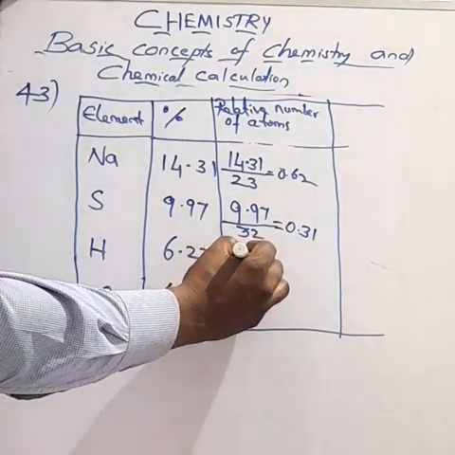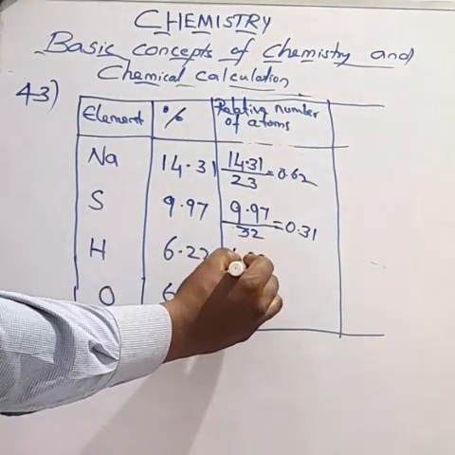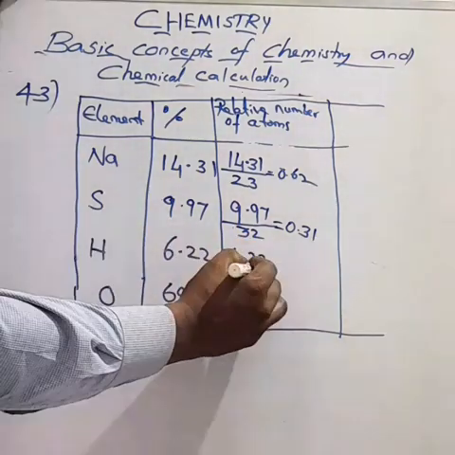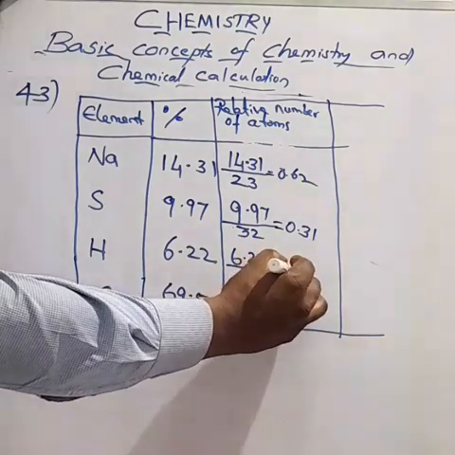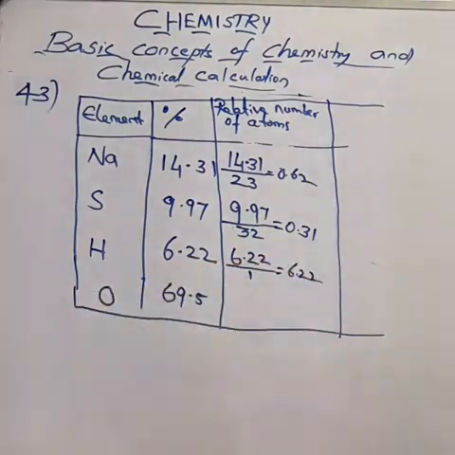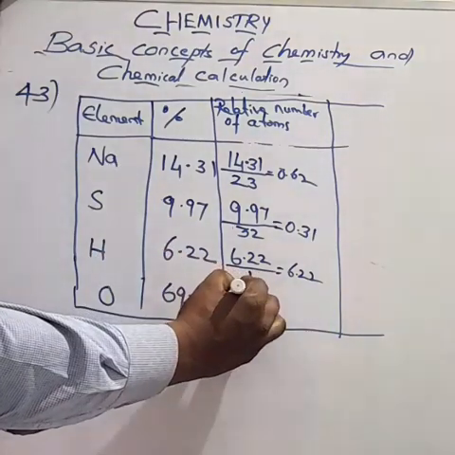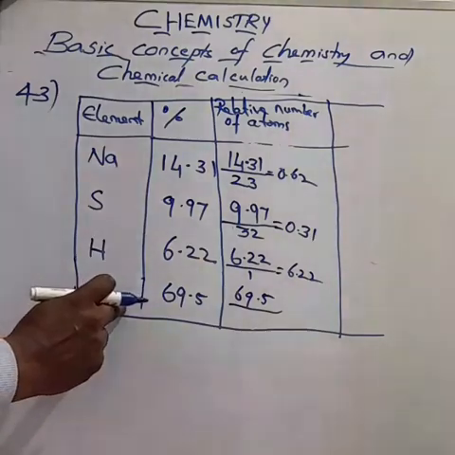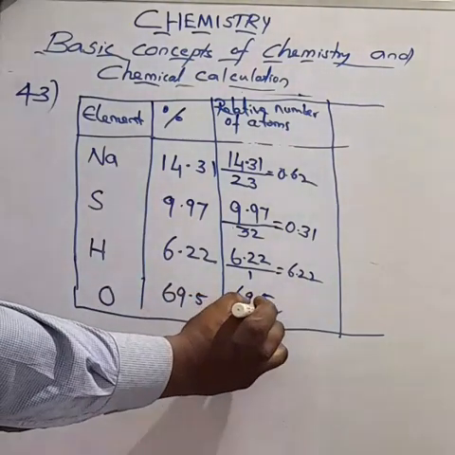What is the percentage of hydrogen given? 6.22 divided by atomic mass of hydrogen. All of you know that one. That's the same answer we get, 6.22. Am I right? Oxygen, what is the percentage of oxygen here? 69.5. What is the atomic mass of oxygen? 16.